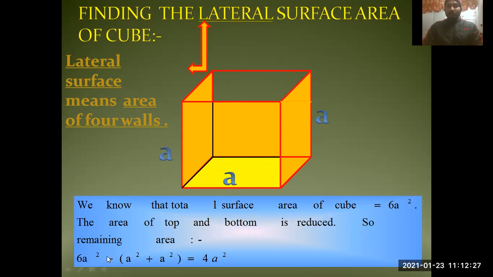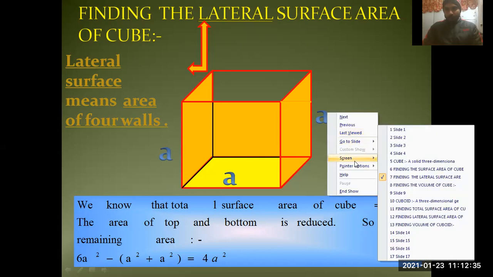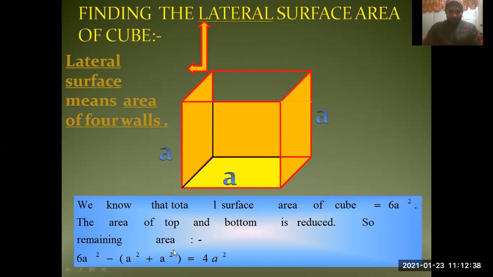That is mathematically 6A square minus 2A square, which is equal to 4A square. Sorry, 6A square minus 2A square, my mistake. So the resultant is 4A square. So the lateral surface area is going to be 4A square.